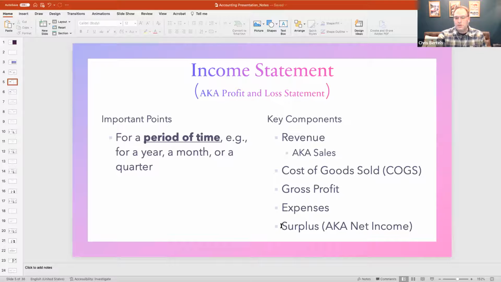And then surplus, it's also called net income. Net income tends to be a specific term that's used for businesses, whereas surplus is pretty much always used for co-ops. Sometimes co-ops will use the term margin or net margin, but they're all basically referring to the same exact thing. And when people say, how much money do we make?